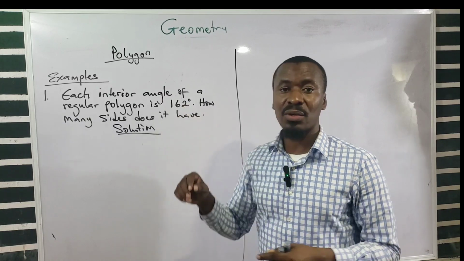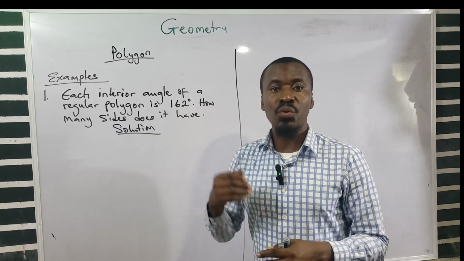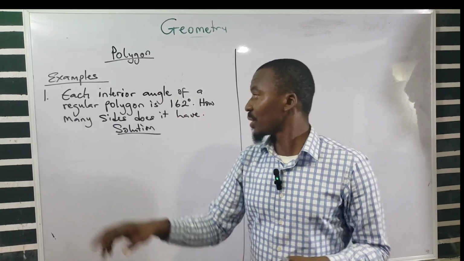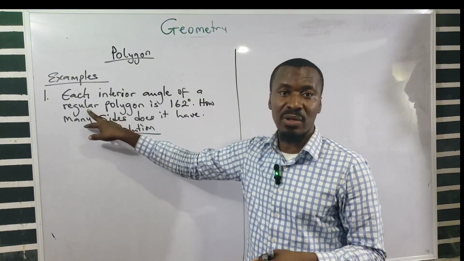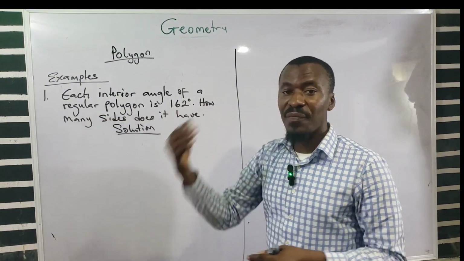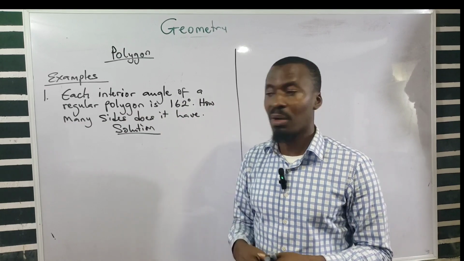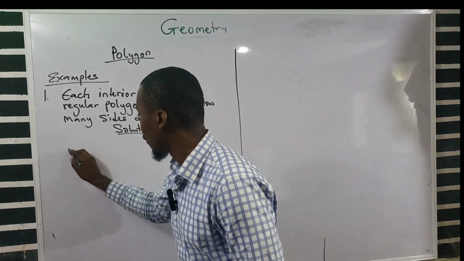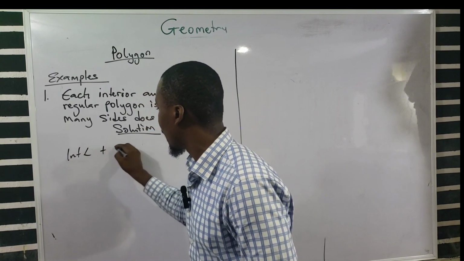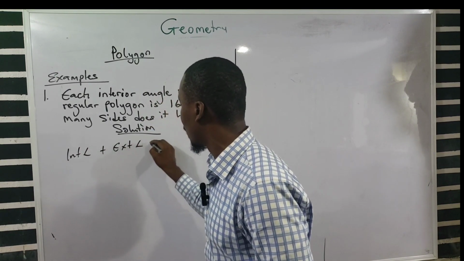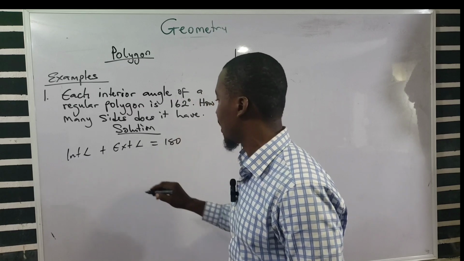Use the interior angle given to you to find the value of the exterior angle. Remember, they said that it is a regular polygon. So when you find the value of the exterior angle, you then use your formula to solve. So what is that formula? The interior angle plus the exterior angle equals 180 degrees.